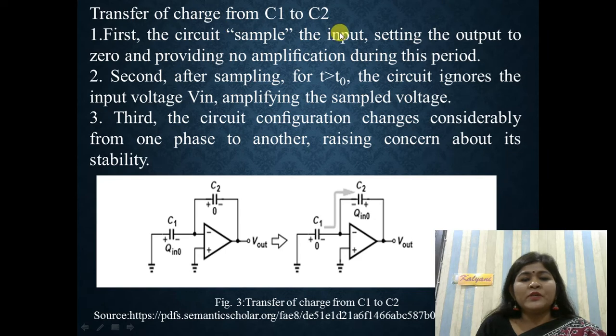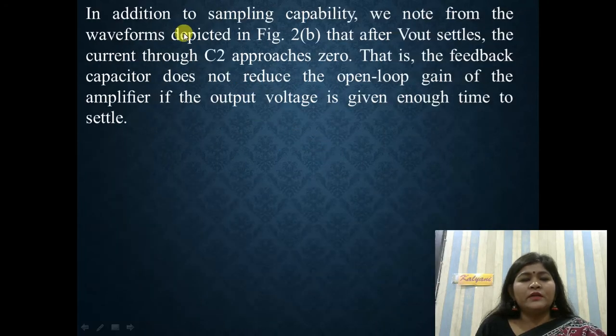First, the circuit samples the input, setting the output to 0 and providing no amplification during this period. The second, after sampling for t equal to t0, the circuit ignores the input voltage Vin, amplifying the sampled voltage. And the third, the circuit configuration changes considerably from one phase to another, raising concern about its stability.